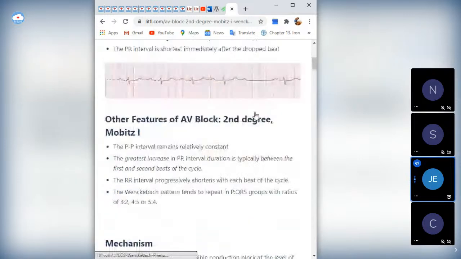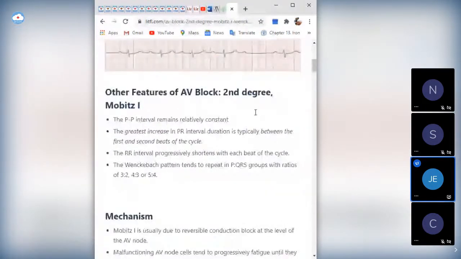So let's see other features of second degree Mobitz type 1. The PP interval remains constant. That's the interval between the P waves, because there's always a P wave. It's just the QRS complex that is dropped at one point or the other. But the PR interval keeps elongating.